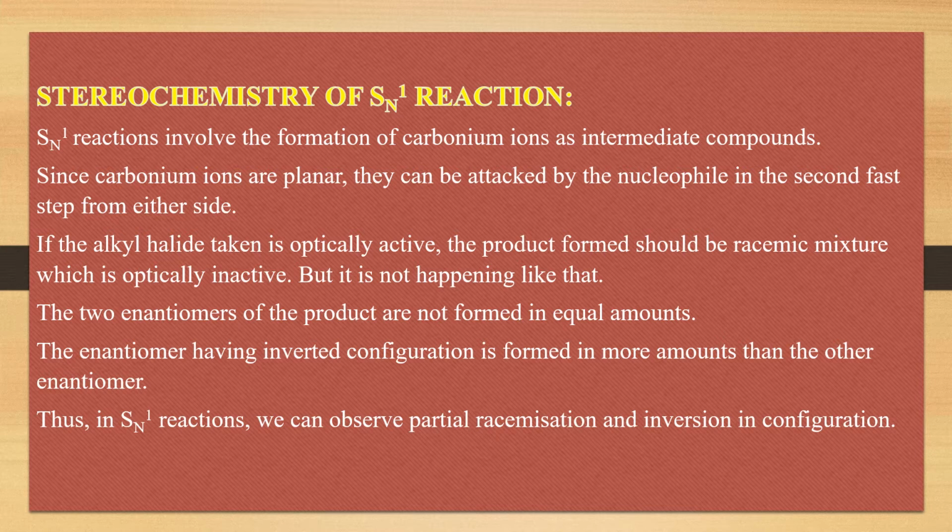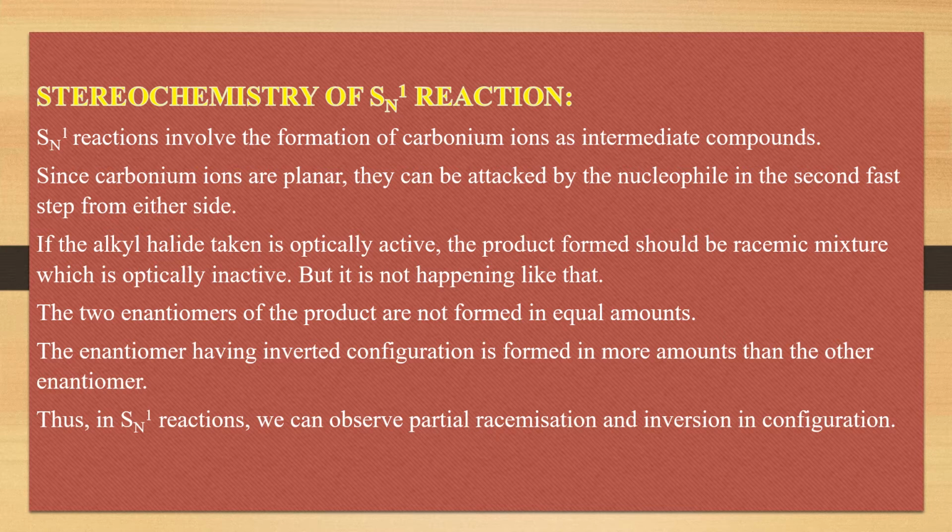Now if the alkyl halide taken is optically active. When do we say that an alkyl halide is optically active? When carbon atom is surrounded by four different groups, that is, an asymmetric carbon is present in the alkyl halide. Then we say that compound is optically active.